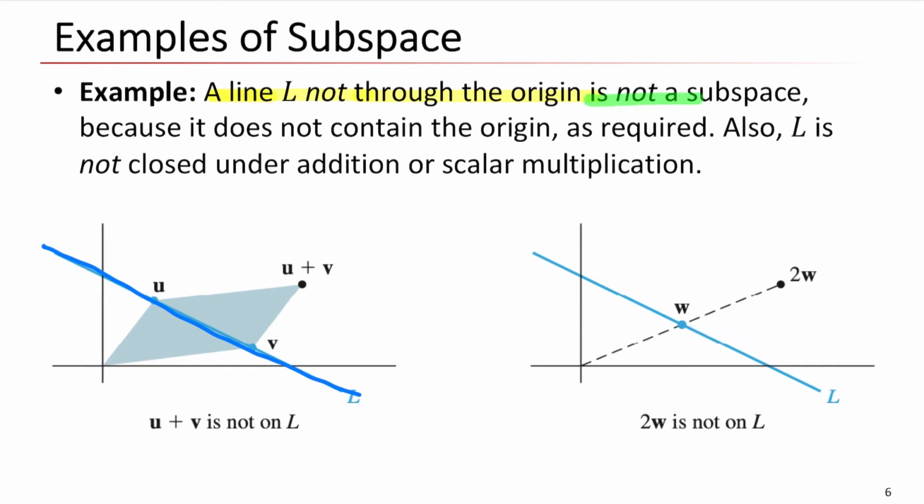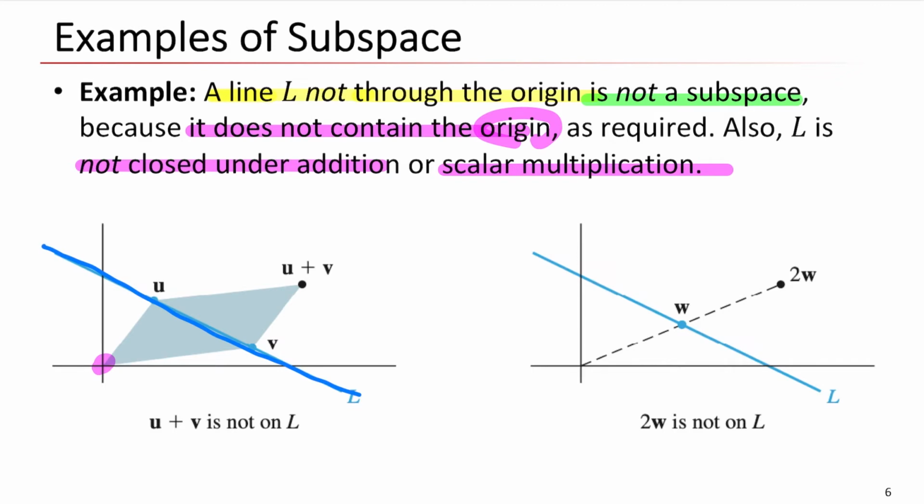It's not a subspace. Why? First of all, because it does not contain the origin. The origin is here, but the line is not through the origin, right? So the first property is not satisfied, and L is not closed under addition and scalar multiplication.